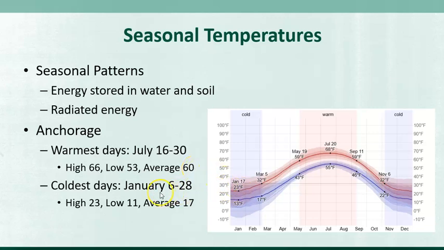The coldest days of the year tend to be between January 6th and January 28th, where we have a high of 23 and a low of 11, or as this graph shows, a low of 13, with an average of 17.